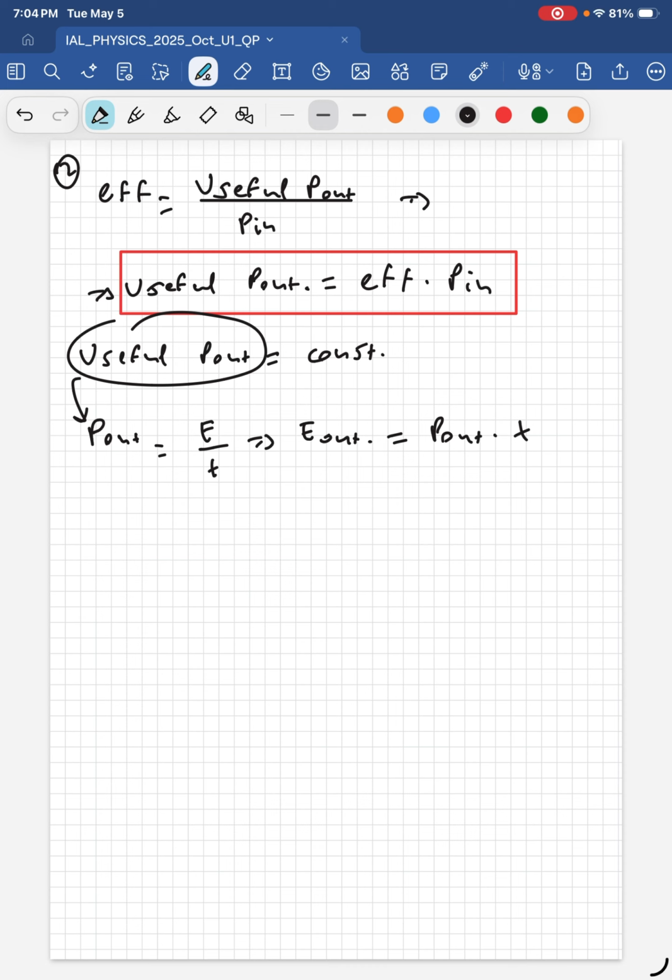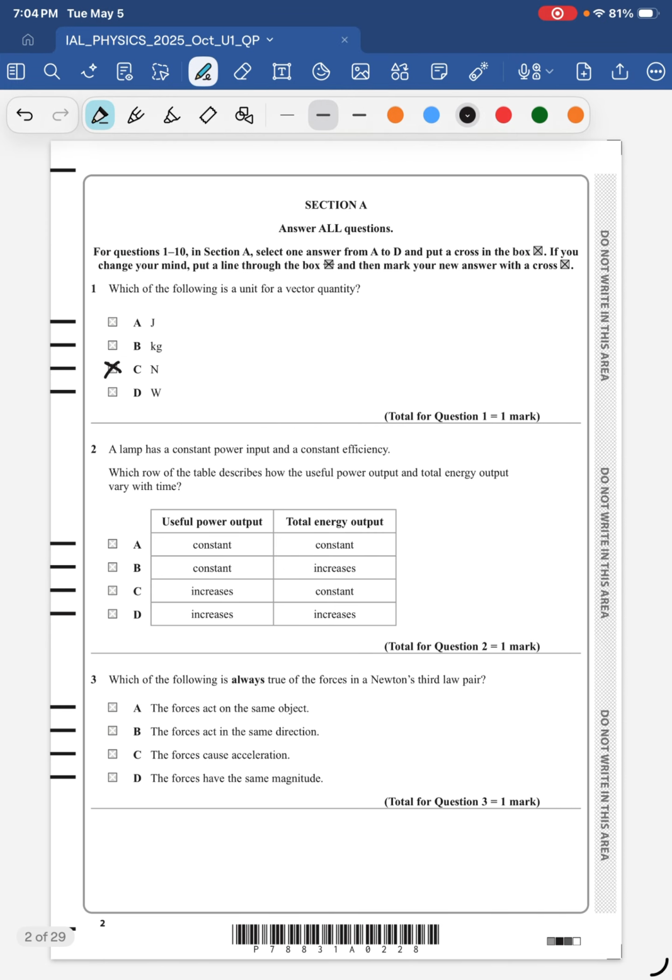So this will keep increasing with time. So energy out will keep increasing as t increases. I hope this makes sense. If it doesn't, ask me. I always reply. So B is the correct answer, okay? I hope this makes sense.